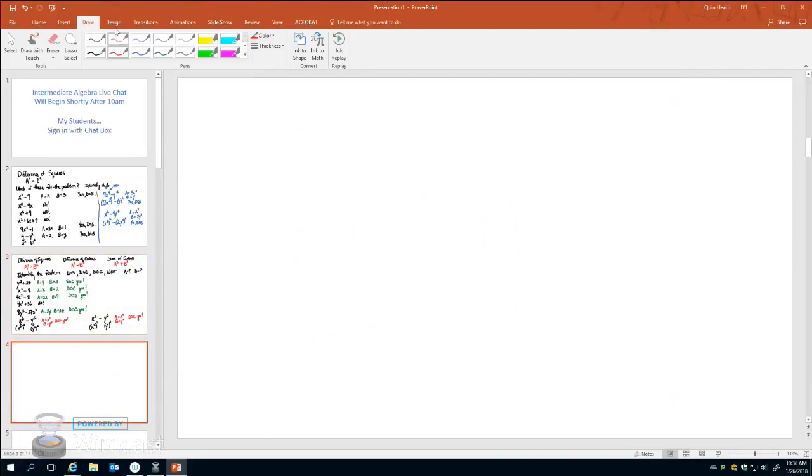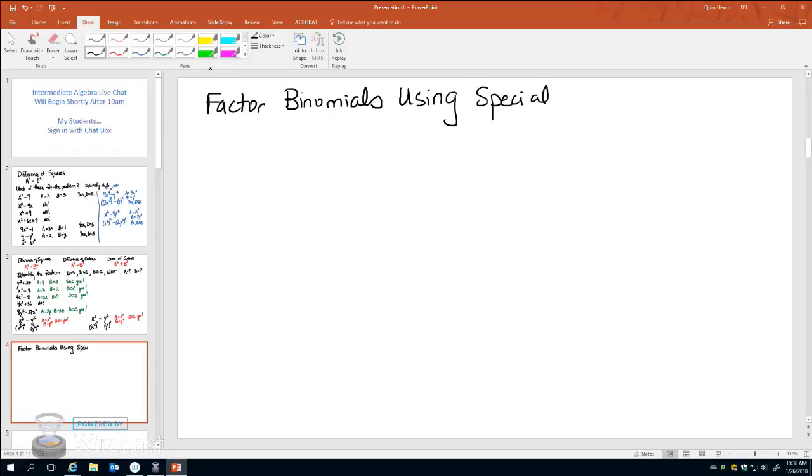All right, so let's go ahead and talk about how we factor binomials using special factoring formulas. Some binomials can be factored just by taking out a GCF, but others we use these special factoring formulas because they fit our patterns. So what patterns am I referring to?